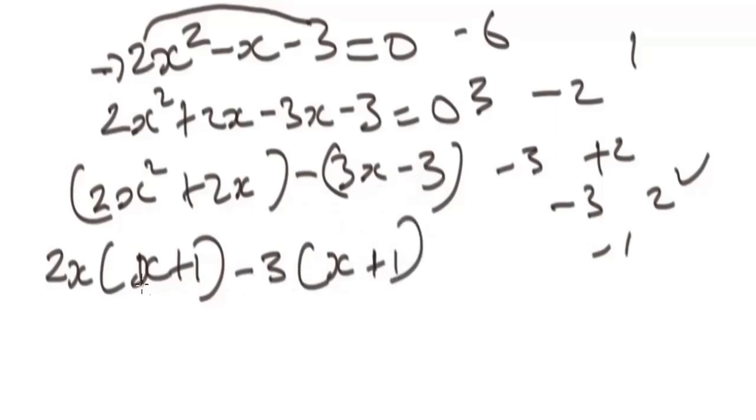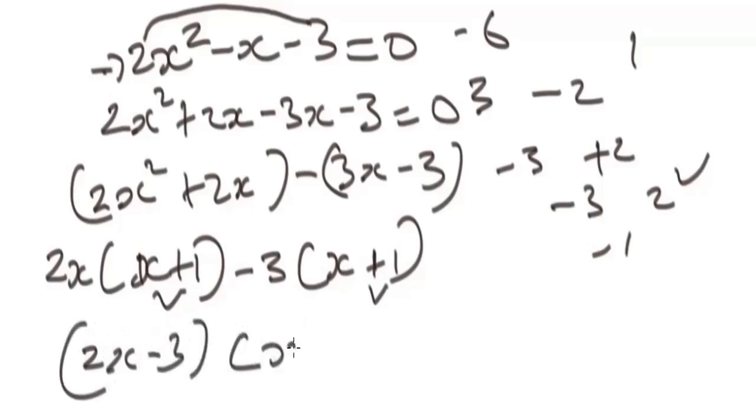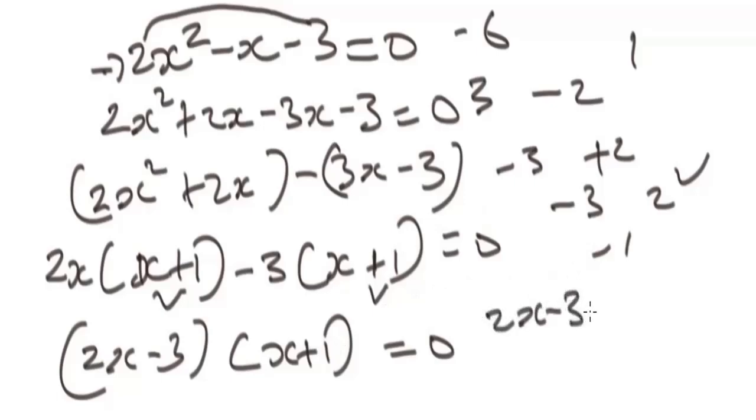One way you can check that they are correct is when what is here and what is here match. So at this point we have 2x minus 3 and x plus 1 equal 0. So we equate each factor to 0: 2x minus 3 equals 0 and x plus 1 equals 0.